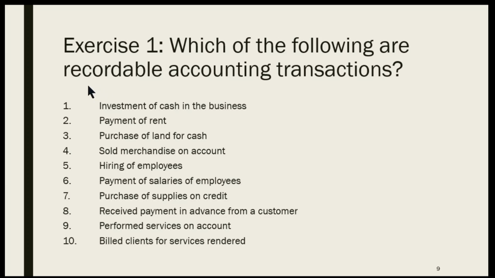If these are not recordable, then they cannot result in the preparation of journal entries, so they don't affect any of the accounts in the financial statements. Let's try. Number 1 is investment of cash in the business, an accounting transaction. That is an accounting transaction.